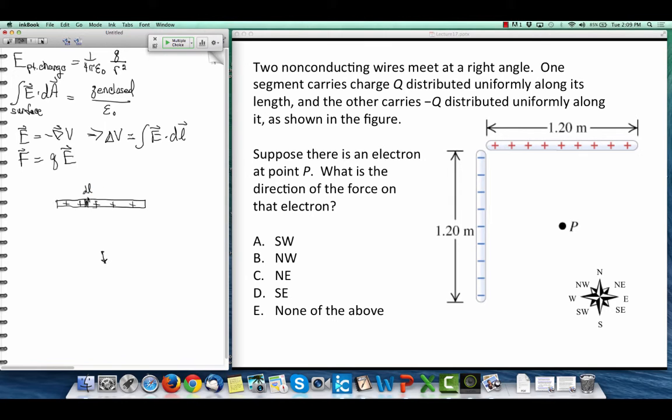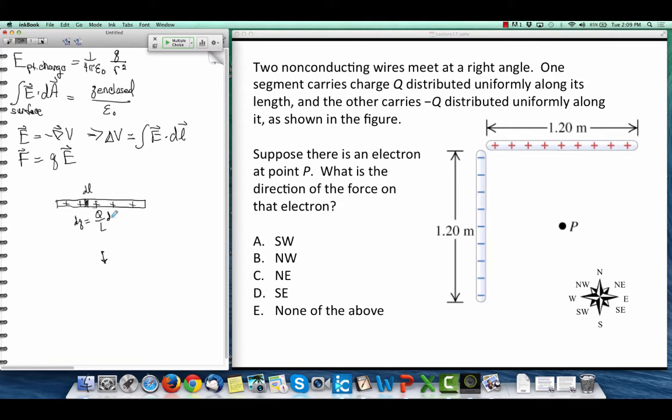We need to find the Q associated with that differential element, so a differential dq, and that would be the linear charge density, Q over the total length, times dl. The linear charge density times the differential length is the differential charge.